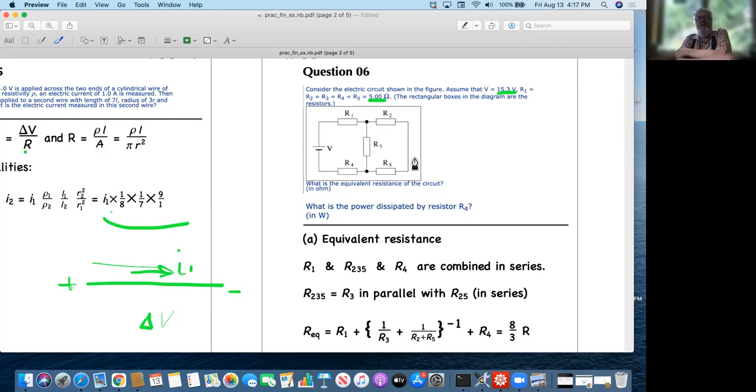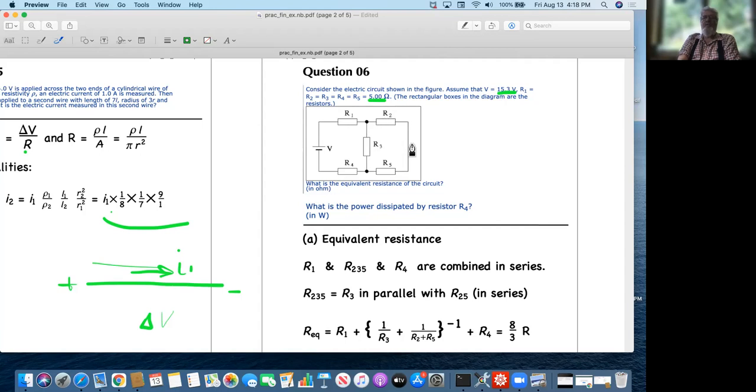Well, again, you should have written down the resistance of resistors in series and resistors in parallel. Now let's identify resistors in series and resistors in parallel. You see, these 2 resistors are in series. Any current that goes into R2 will also go into R5.